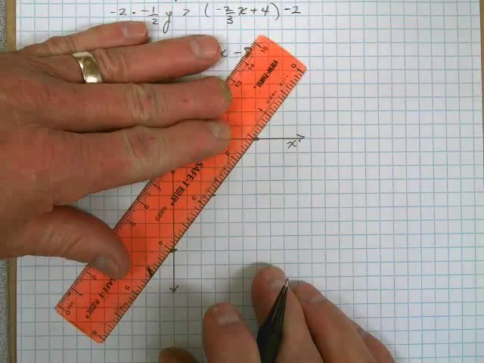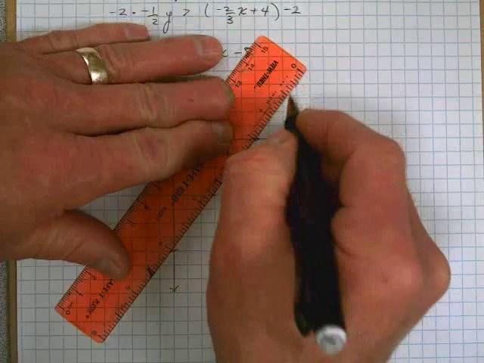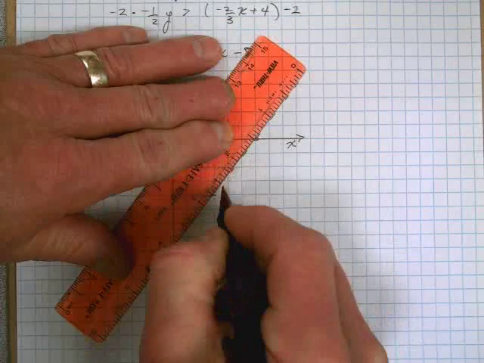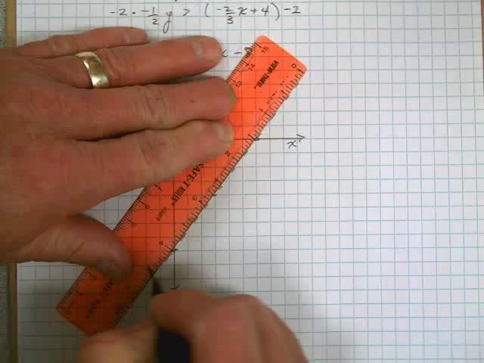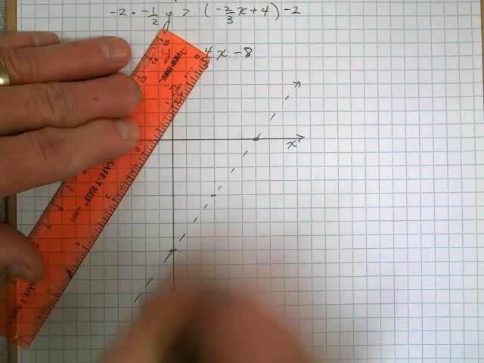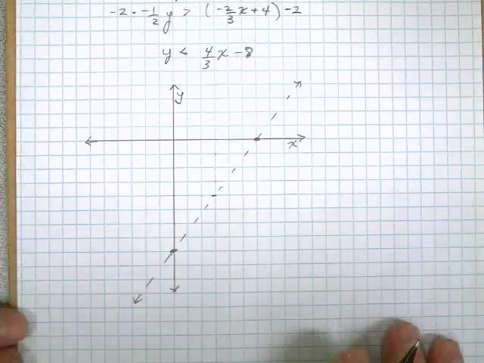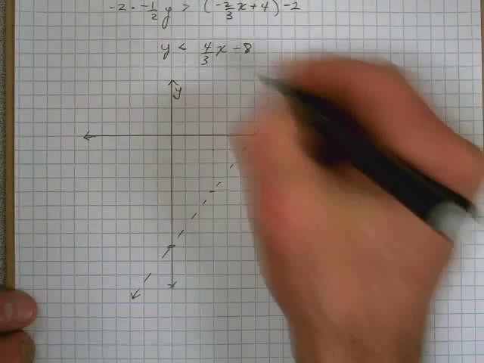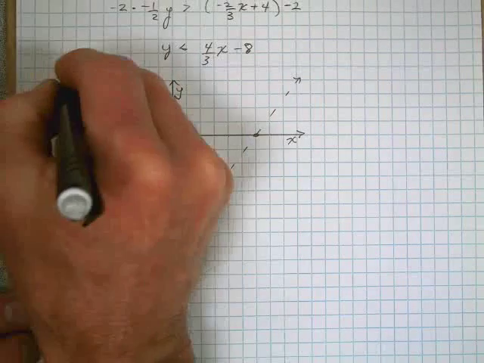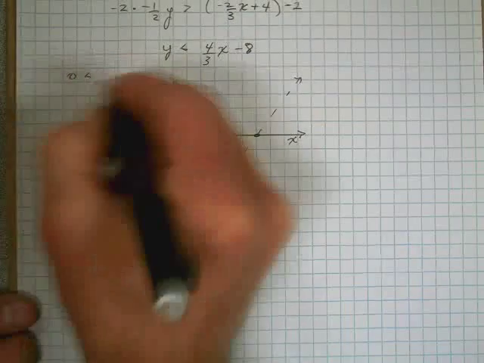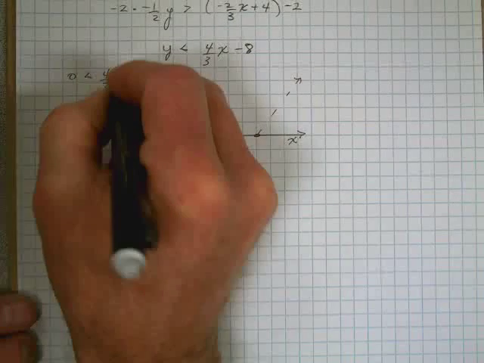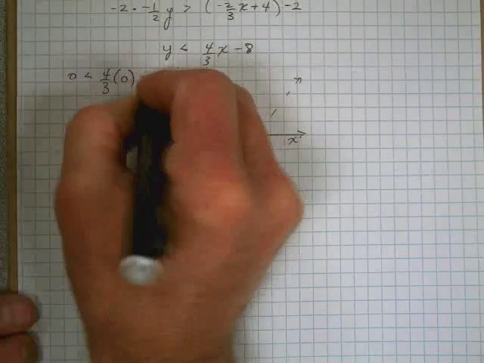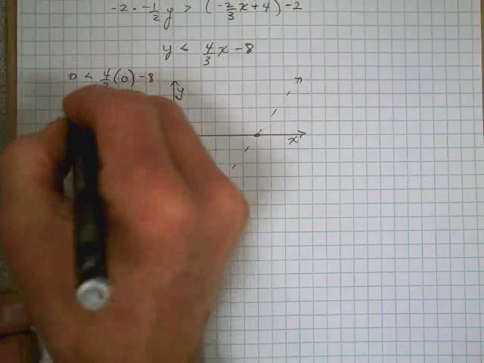Notice our comparison symbol does not include the equal part, so we'll connect our points with a dashed line. Knowing that the boundary line is not a part of our solution set, we'll check 0, 0. So we'll see, is 0 less than 4/3 times 0 minus 8?